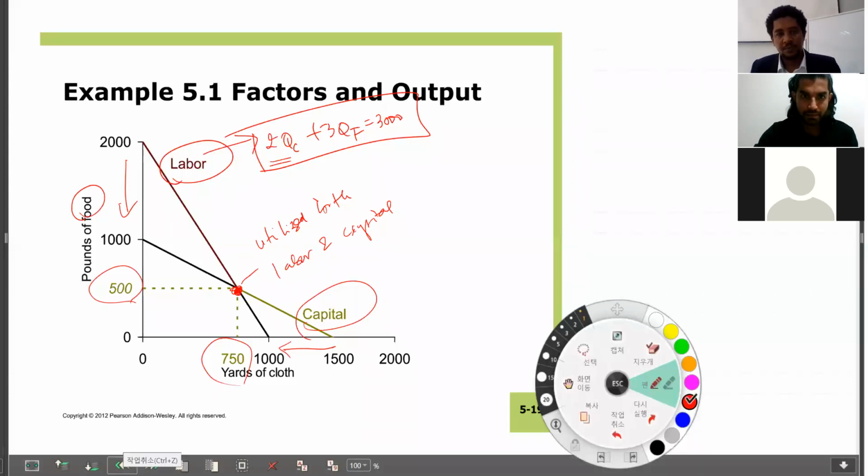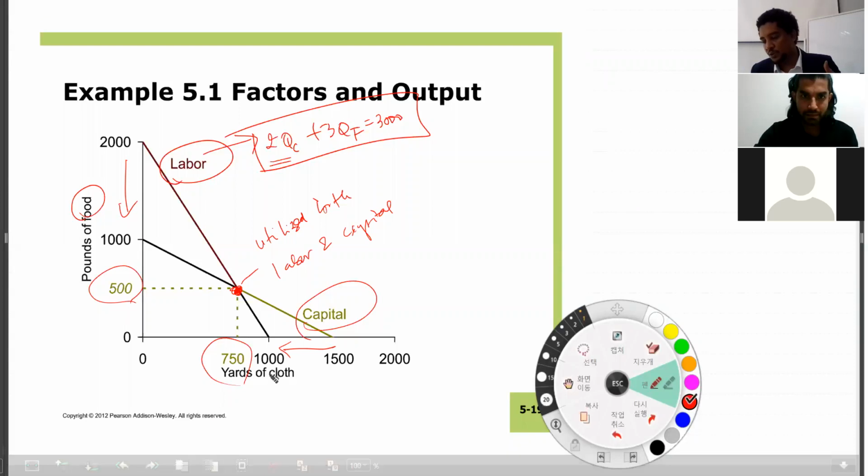Okay, the difference here means if we use all the capital to produce clothes, we should have produced this much, but we are producing this, which is because producing clothes only will sacrifice the production of food.